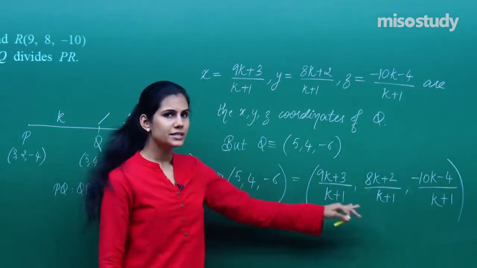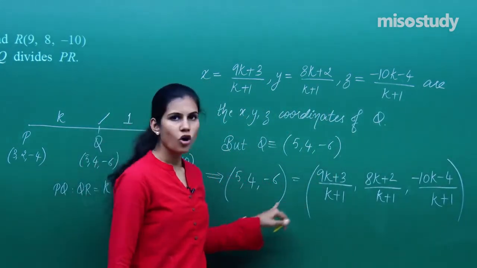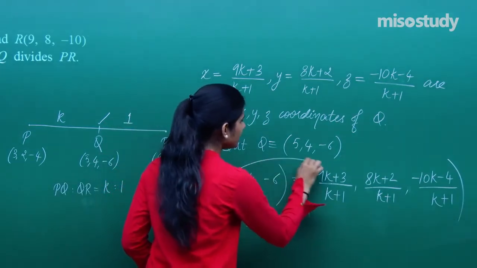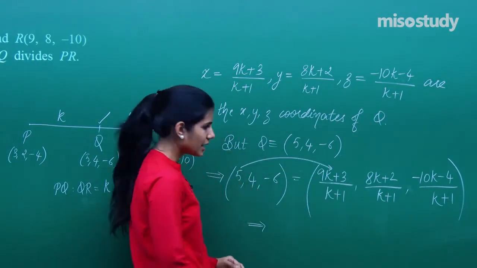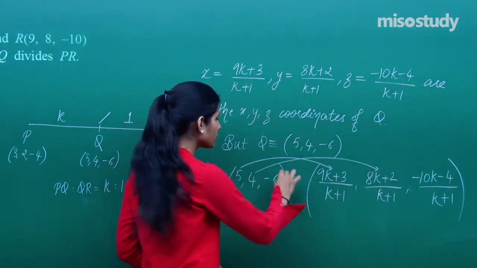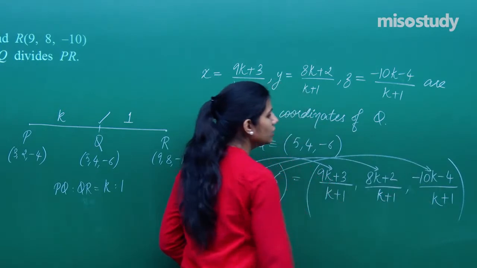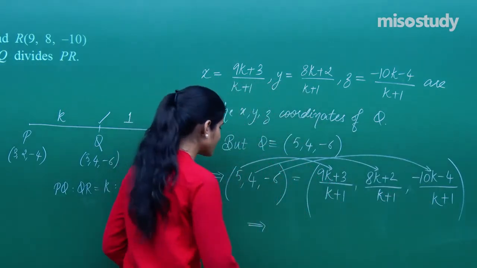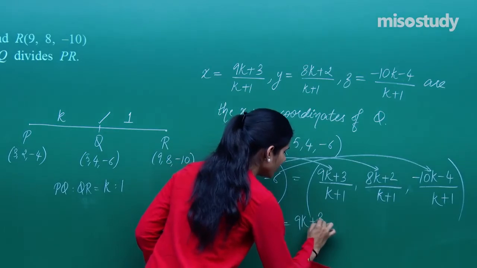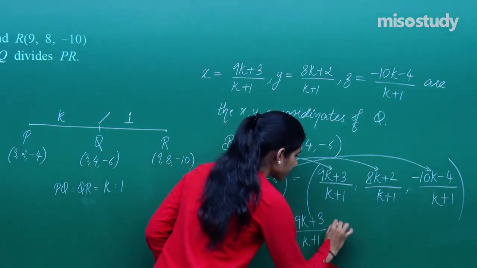When two ordered triplets are equal, that means each of their components is equal. So this implies 5 is equal to 9k plus 3 upon k plus 1, and 4 is equal to 8k plus 2 upon k plus 1, and minus 6 is equal to minus 10k minus 4 upon k plus 1. Let's just pick up any one, because any one is going to give you the value of k.